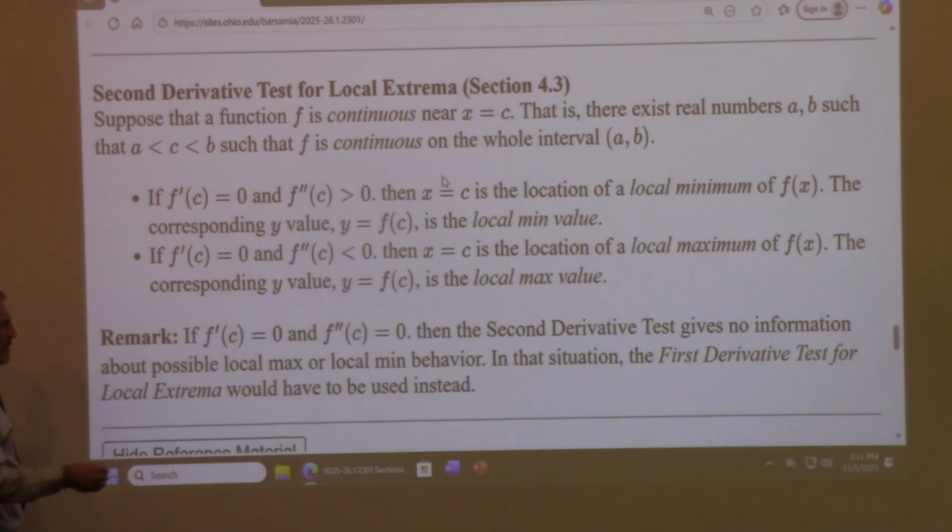To give you a better feel of these two tests, I want to do an example where I pull out a bunch of functions and see how they do on these two tests.